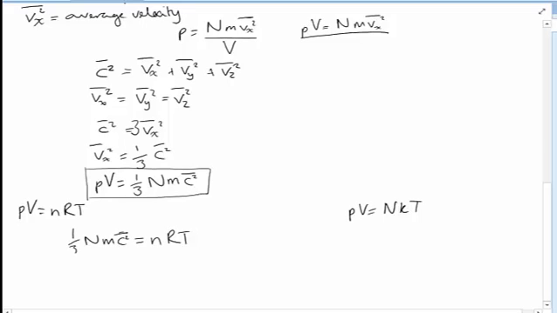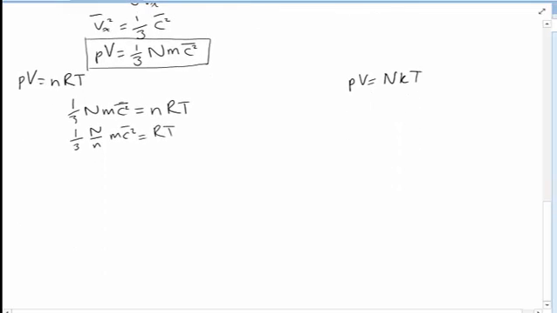Now, the first thing I want to do is to sort out what's going on with these n's, because we've got the capital N for the number of molecules and the little n for the number of moles. What I'm going to do with that is I'm just going to bring the little n over. Okay, now big N over little n is the number of molecules divided by the number of moles, which means it's the number of molecules per mole.